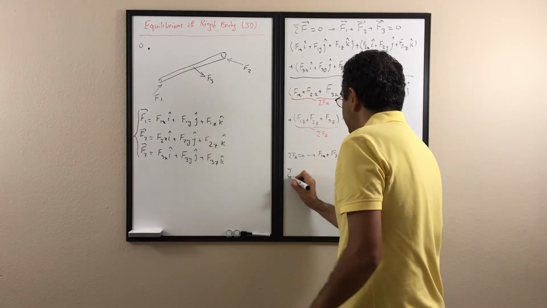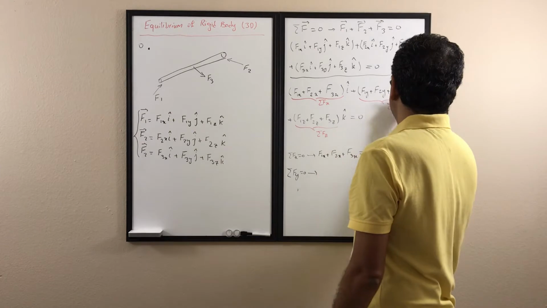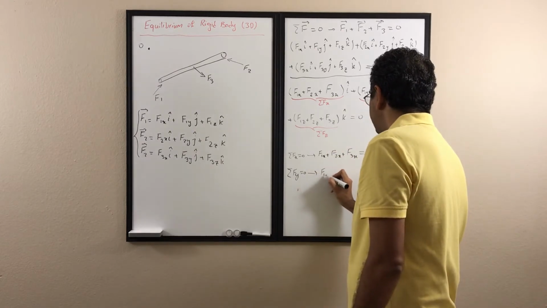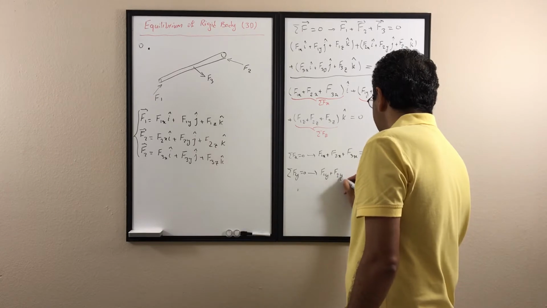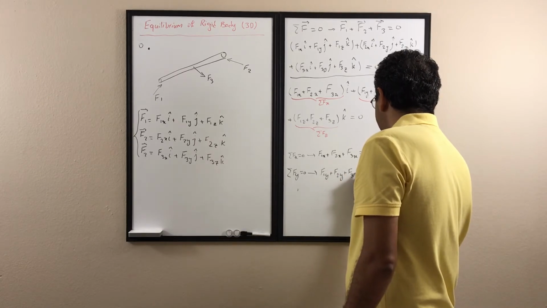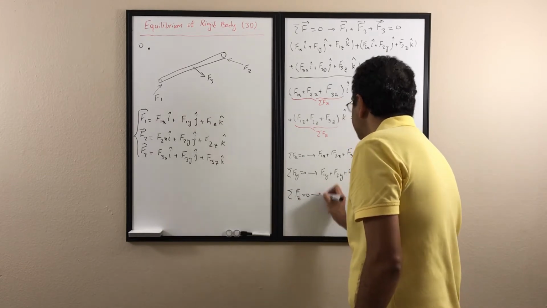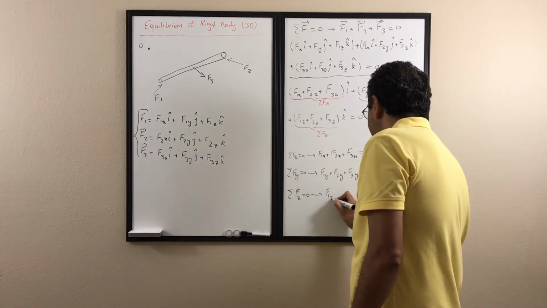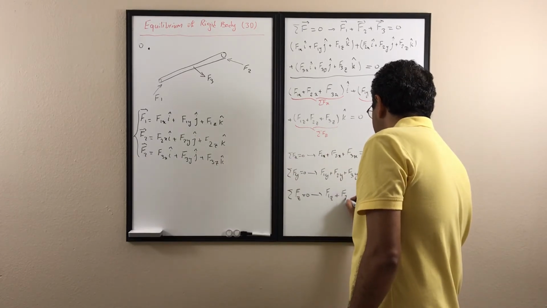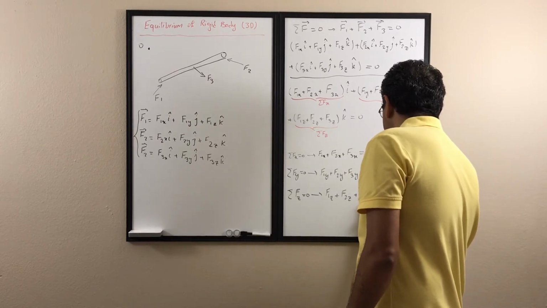Then I have sigma Fy is 0, which is going to be this component: F1y plus F2y plus F3y is 0. And then I have sigma Fz is 0, which is going to be this part: F1z plus F2z plus F3z is 0.